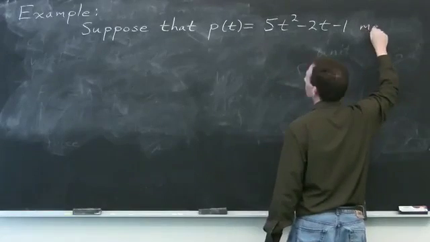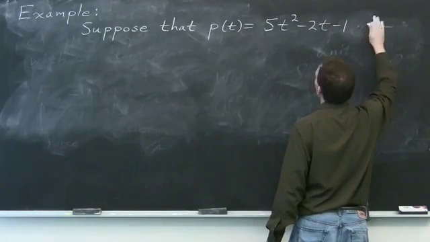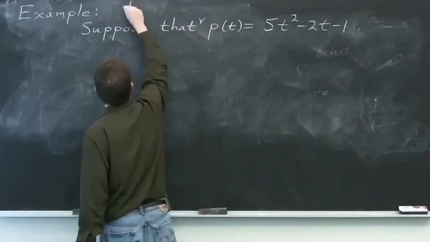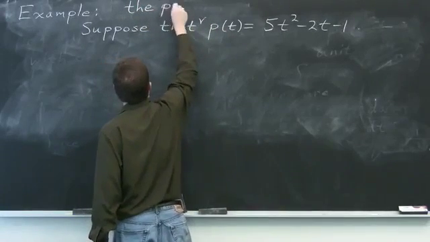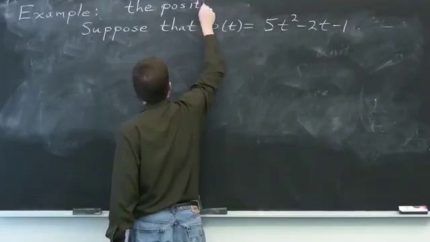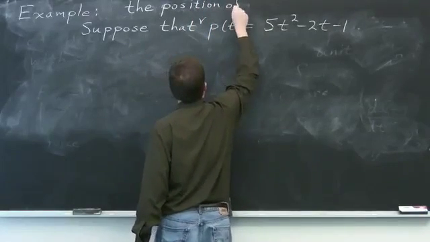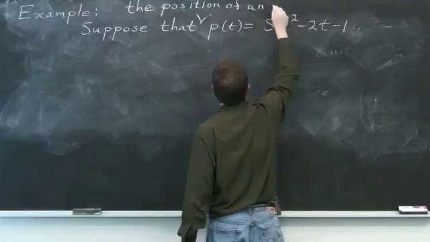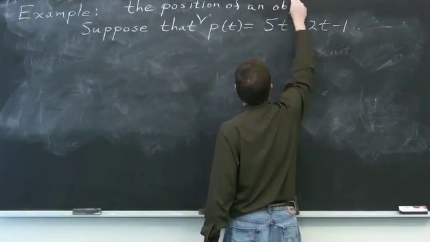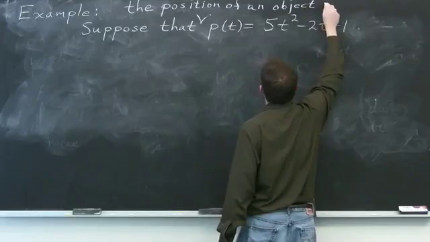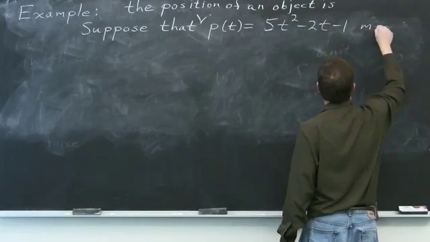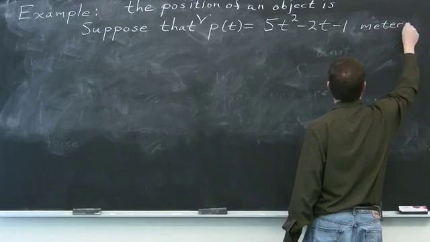So, suppose that the position of an object is P of t equals 5t squared minus 2t minus 1 meters at time t seconds.